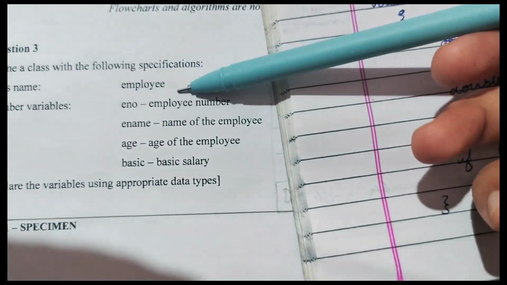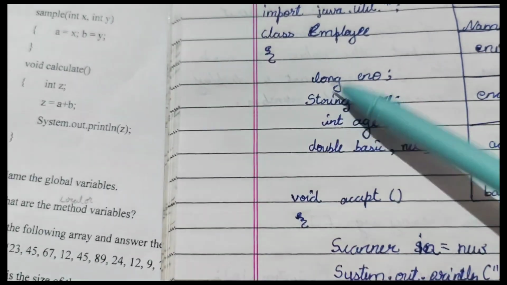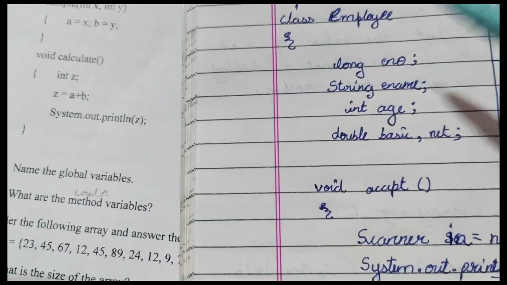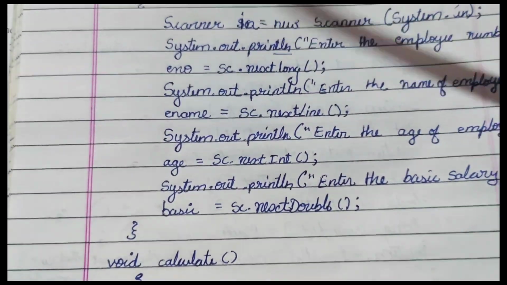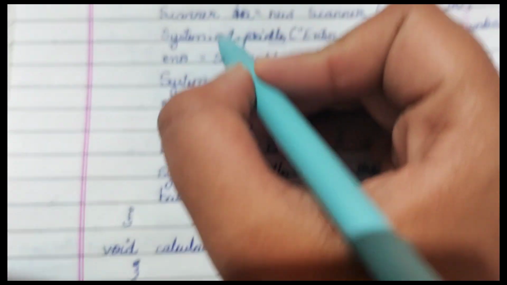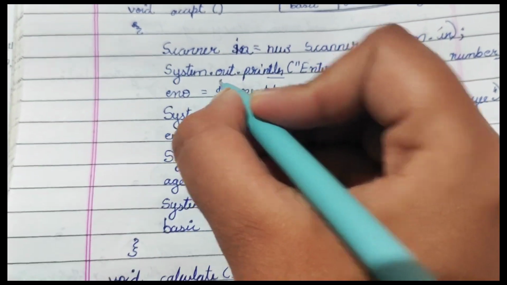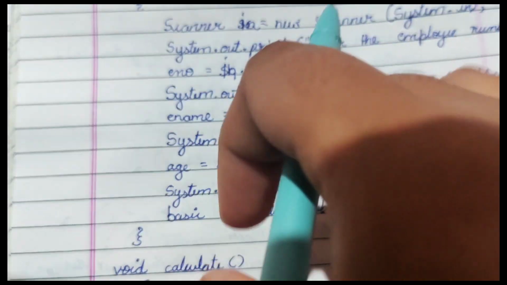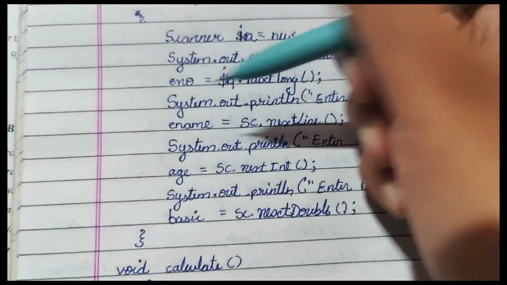Then mention this ENVO as employee number, and in the first part we have declared long ENVO as the variable. So I have told you how to use variables. Here ENVO, sorry, this is not SC, this is in. Always correct this SC as in.